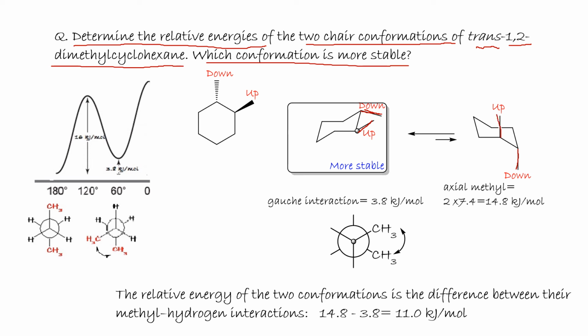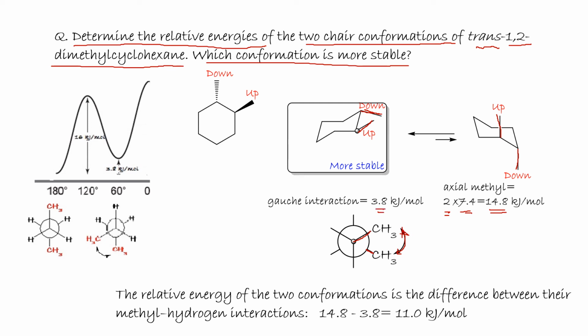In this structure, we will have methyl axial and methyl axial 1,3-diaxial, 2 times 7.4, making it 14.8. Drawing the Newman projection, you will see that these two methyls are in gauche position, and the gauche interaction, we took that before, is 3.8.